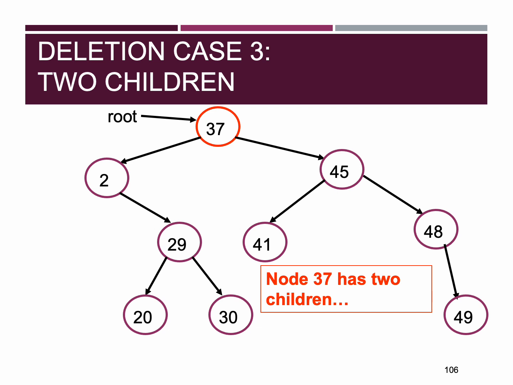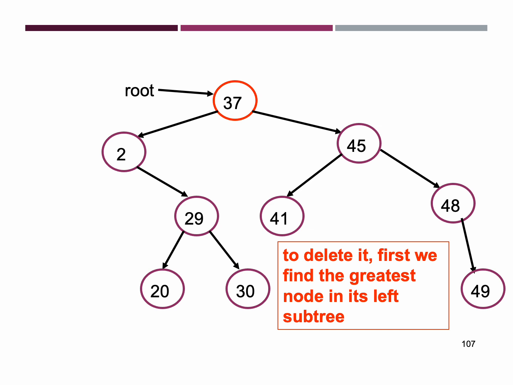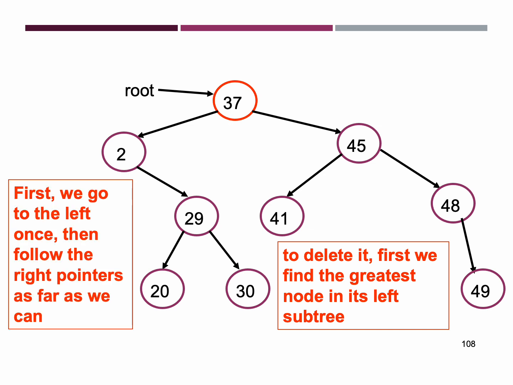Now deletion case 3, if we have two children. Node 37 has two children, which are 2 and 45. Now how can we delete 37? To delete it, first we find the greatest node in its left subtree. Left subtree means we start from 2.